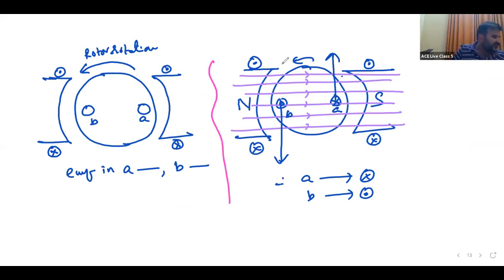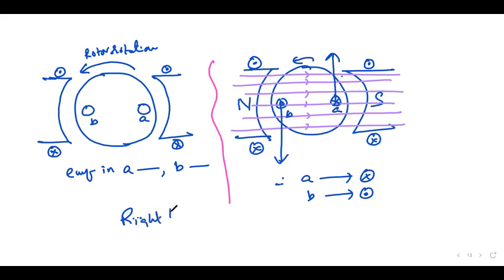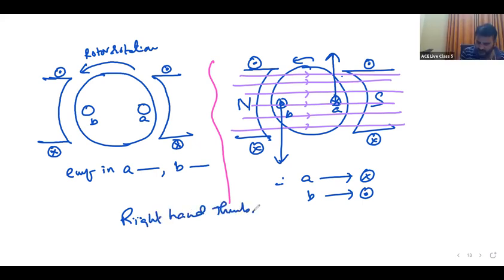For example, see here, a rectangular pole is there. How to find the polarity? By applying the right hand thumb rule. Curled fingers indicate current direction, and the thumb indicates flux direction.